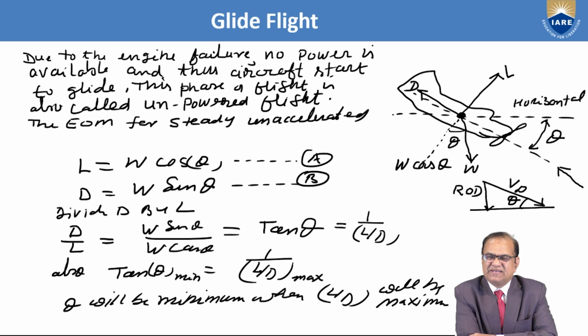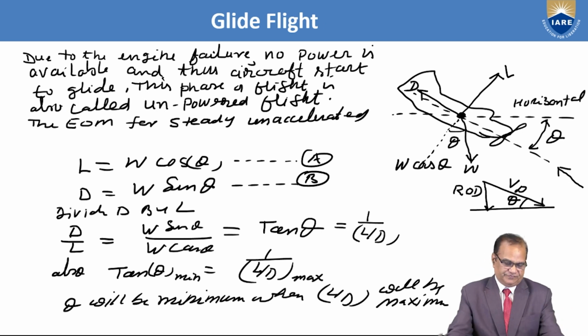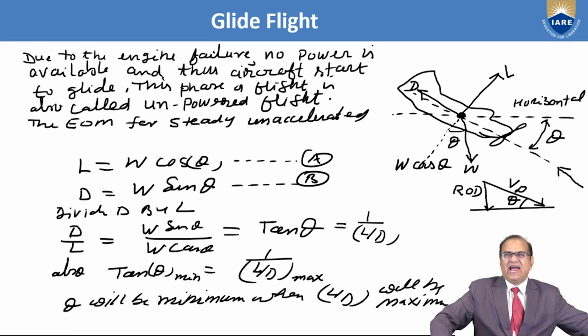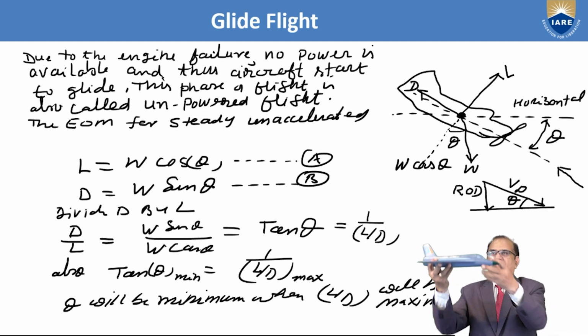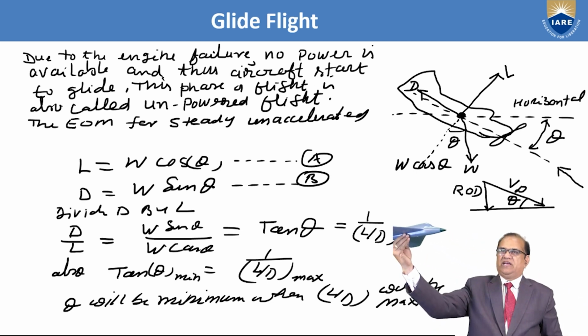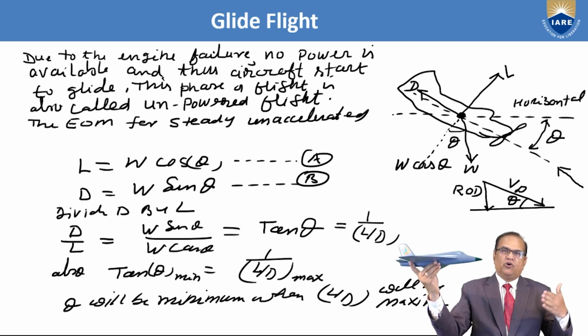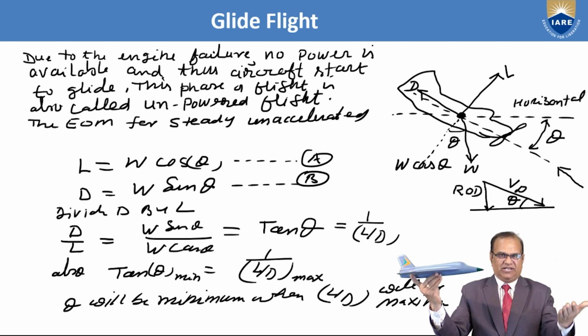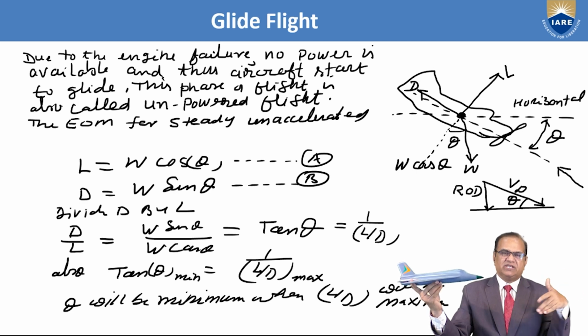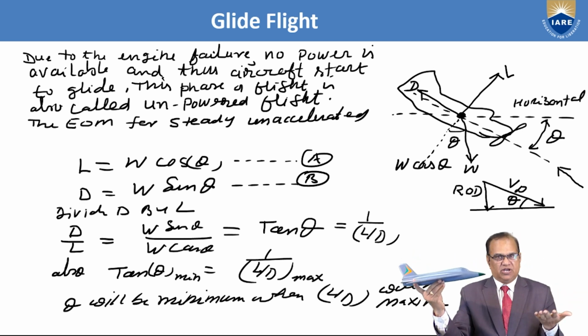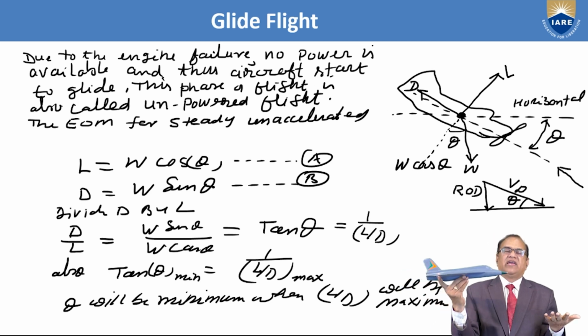Now we will discuss something about the glide. We have already covered it, but again I am just revisiting this. So what does glide mean? If your aircraft is flying in a straight and level cruise flight, you have to go from one destination to another, or in the same destination you are making a circuit, you have to come down to your original airport.